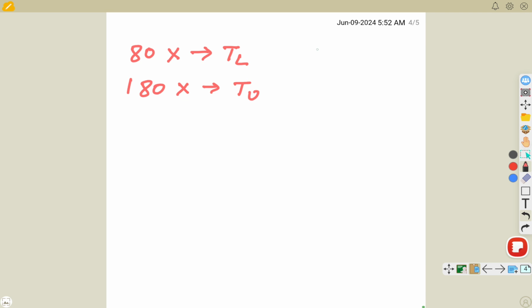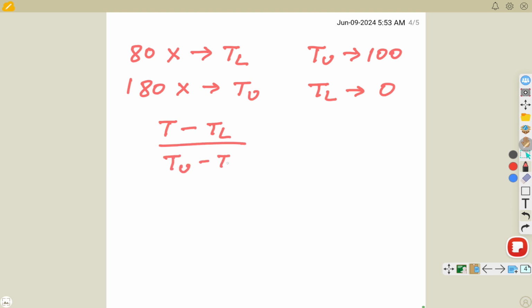We know for Celsius the upper limit is 100 and the lower limit is 0. So now we are going to use the formula (T minus TL) upon (Tu minus TL) for the unknown one, which is equal to the known one.